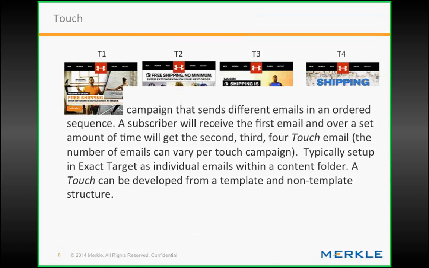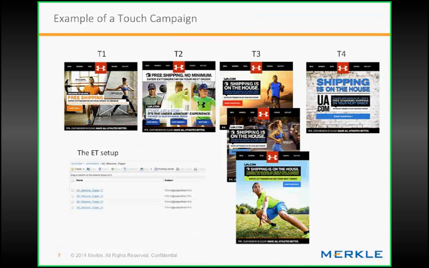So we use the welcome series for Under Armour as our example, and as you can tell, we have touch 1, which has a different structure than touch 2, touch 3 that has different versions associated within that touch, and then a touch 4.